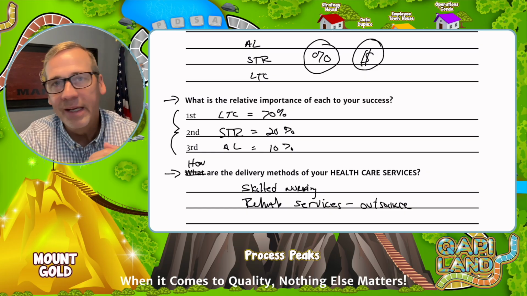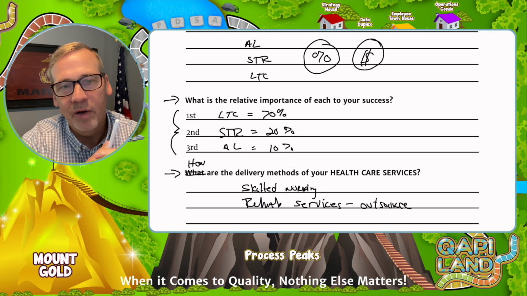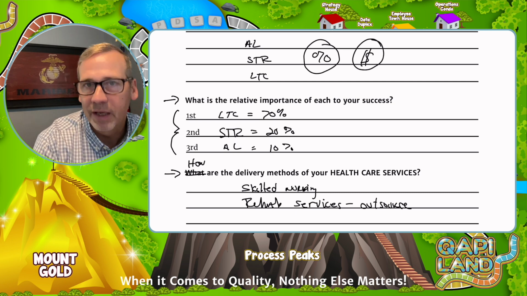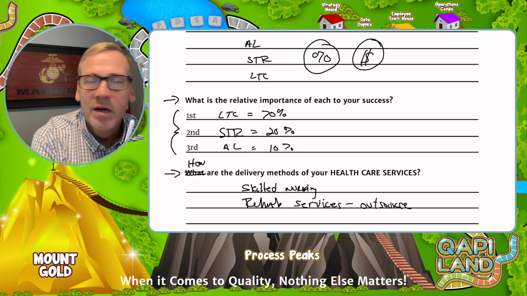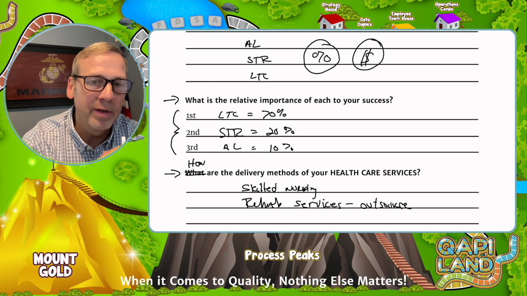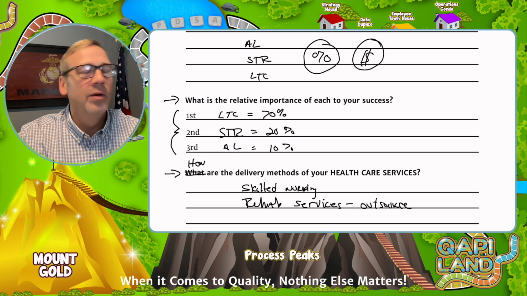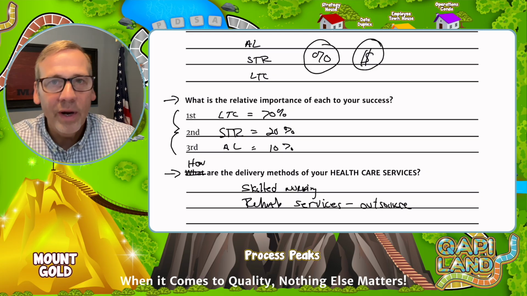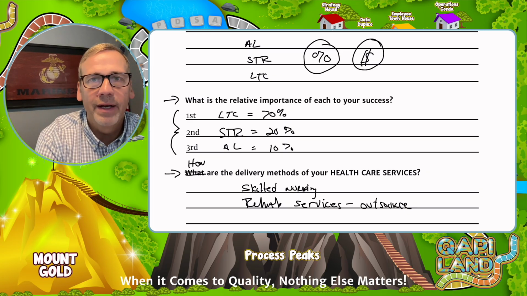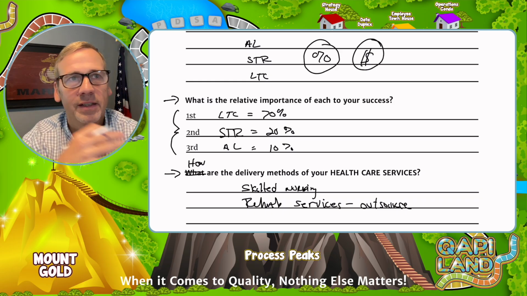At XYZ nursing home, the delivery methods we use to deliver our healthcare services for skilled nursing or for long-term care is through skilled nursing, person-centered care. We outsource with a rehabilitation company to help us provide our rehab services, and we use whatever services in our AL to provide AL services. We have nursing services.